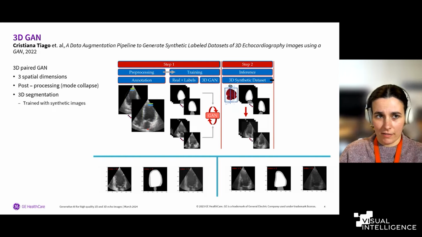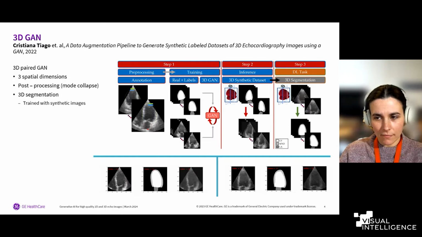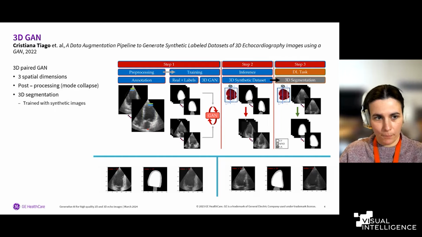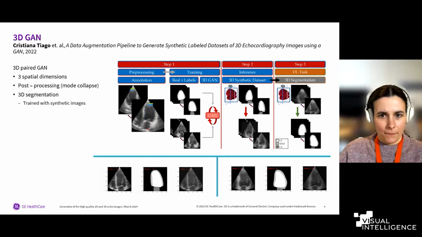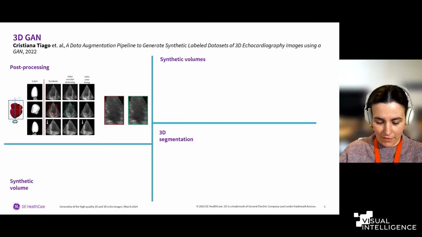And then to evaluate the actual potential of these synthetic images, we trained a 3D segmentation model using these synthetic images together with some real 3D images, and then we tested it on real data. And the results showed, first of all, after training the GAN, GANs have this problem of mode collapse, which is very common to happen.